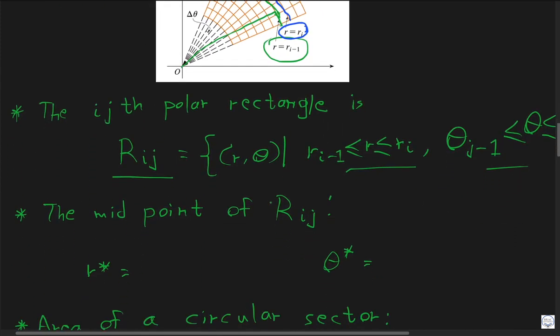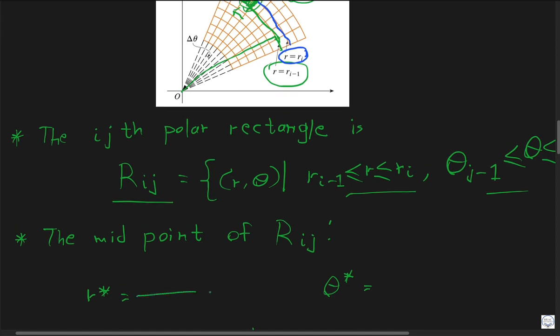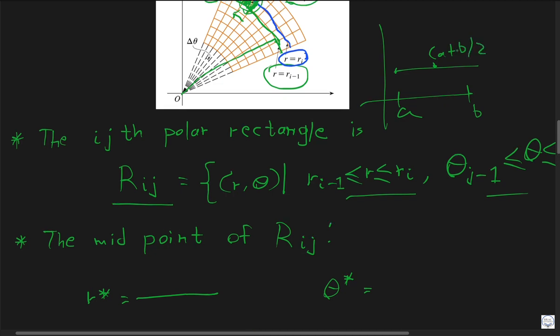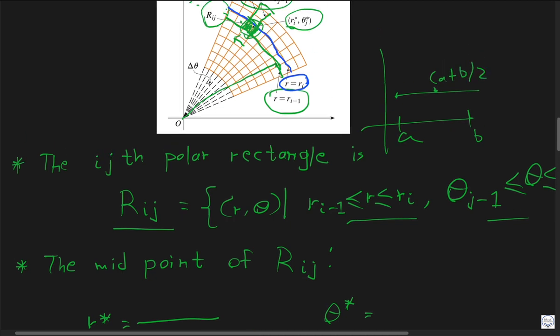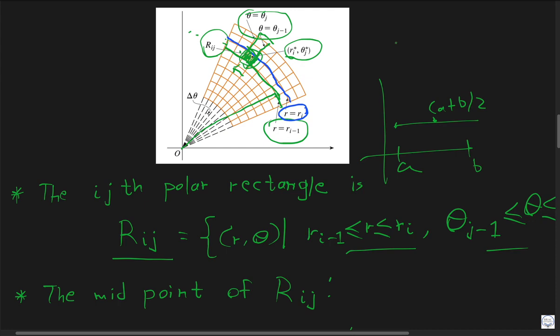Now the midpoint of Rij is easy to find. It's just like finding the midpoint of a line segment, where if we have an x-axis and it's parallel to the x-axis from A to B, the midpoint is just (a plus b) over 2. The polar rectangle is exactly the same.